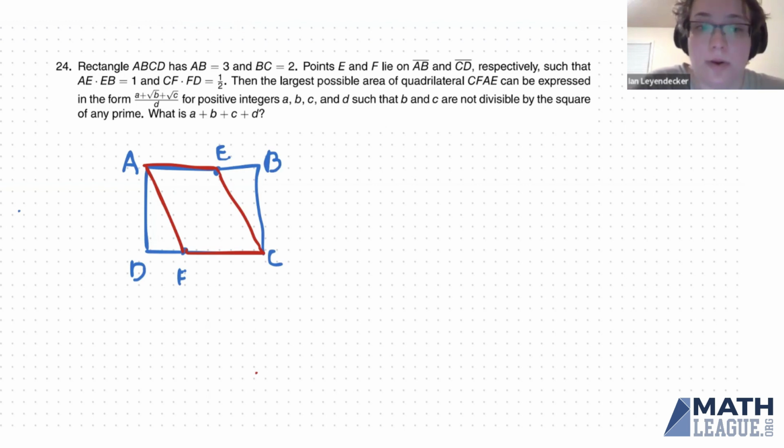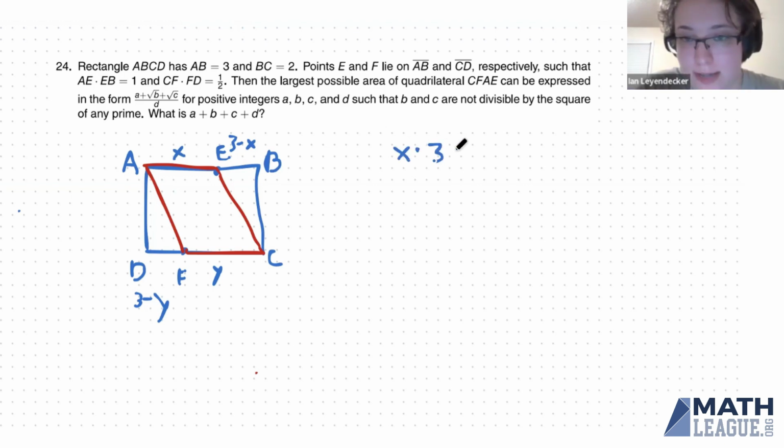Now, notice that CFAE is going to be maximized in its area when AE and CF are as large as possible. So given our equations, let's go ahead and assign some variables. Let's say that AE is X and CF is Y. Then EB is going to be 3 minus X, and FD is going to be 3 minus Y. And we're given that X times 3 minus X equals 1, and that Y times 3 minus Y equals 1/2.